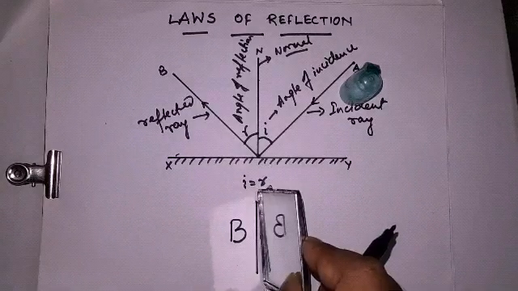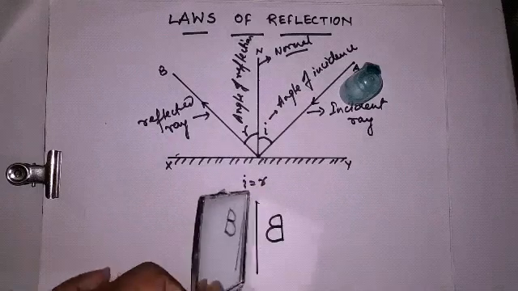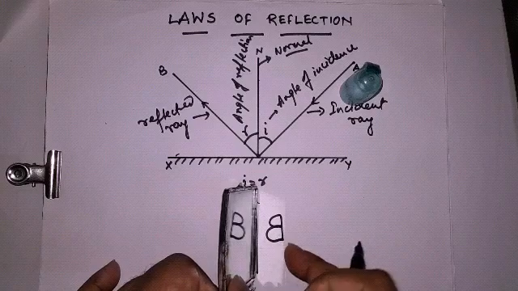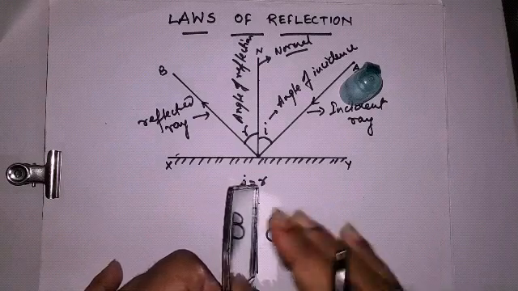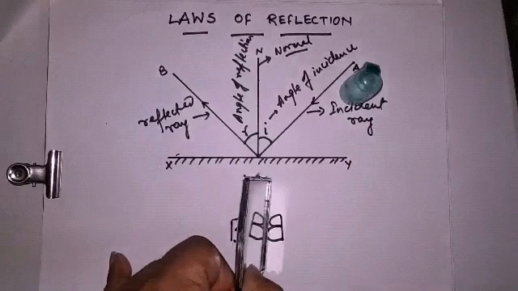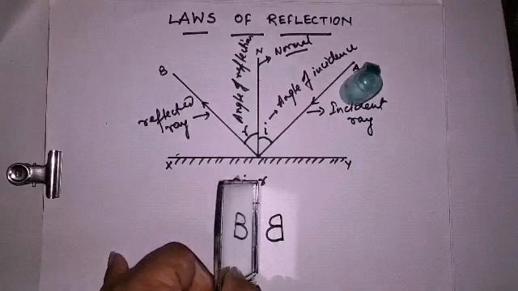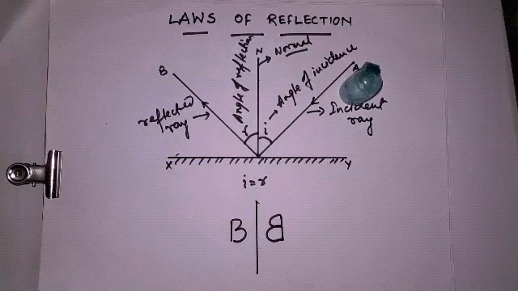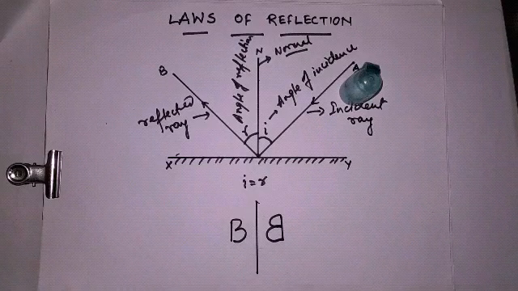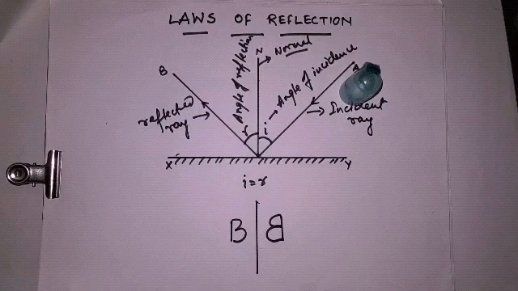Now, if I do the same on the other side, the reverse one, I'm seeing it clearly. So this is the lateral inversion. The left hand side turns into the right hand side. This type of inversion is happening. This is called the lateral inversion. Clear about it? Let's start another topic regarding this plane mirror.